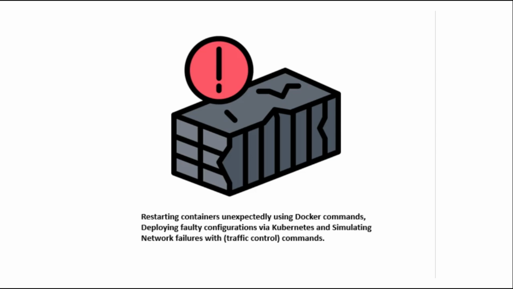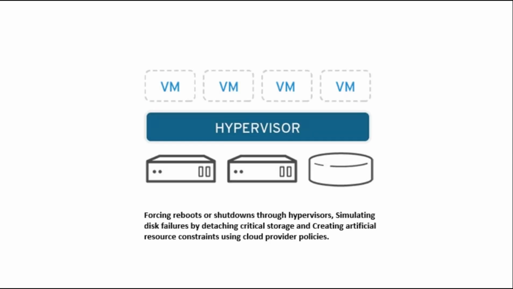A method for restarting containers unexpectedly using Docker commands, deploying faulty configurations via Kubernetes, and simulating network failures with traffic control commands. 3. VM failure injection. This method is used for forcing reboots or shutdowns through hypervisors, simulating disk failures by detaching critical storage, and creating artificial resource constraints using cloud provider policies.